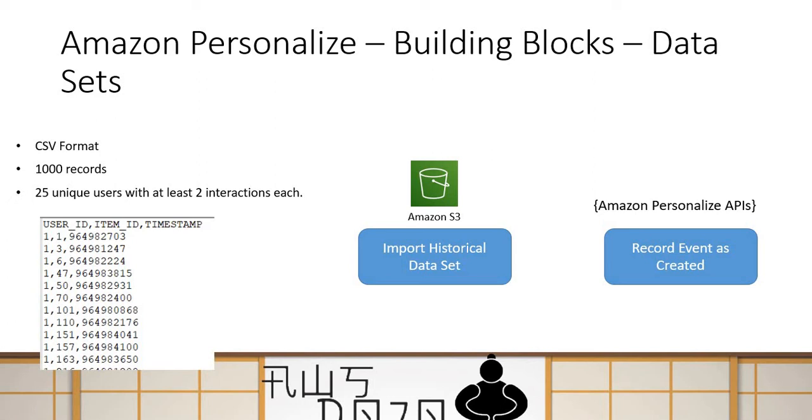So keep in mind, your data could either be a bulk of data you want to upload to an S3 bucket, or you can also record your data as it is created, like in the case of movies through the booking system, and in the case of purchasing through your purchasing channels. So that was about the data set.